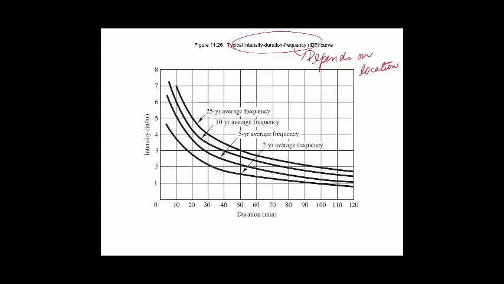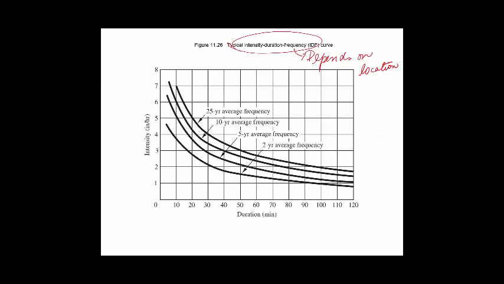They already give you the depth of the rainstorm that you need to design for, and then you just calculate the runoff volume in acre-feet with this equation. That includes conversion factors. So this is just for your information, some of the requirements.